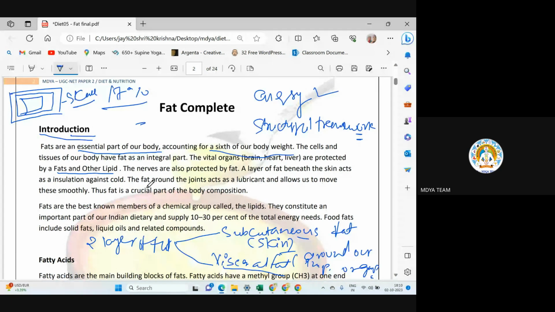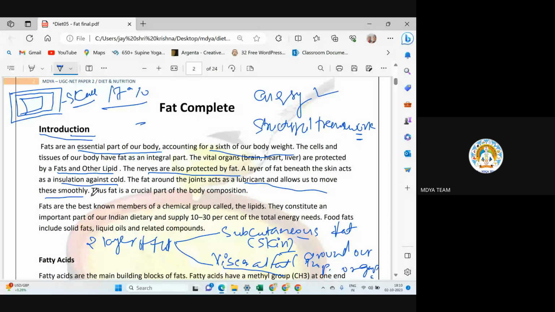The nerves are also protected by fat. In our neuron, there is also some layer of fat present. The layer of fat beneath the skin acts as insulation against cold. This we already discussed. The fat around the joint acts as a lubricant and allows us to move smoothly.